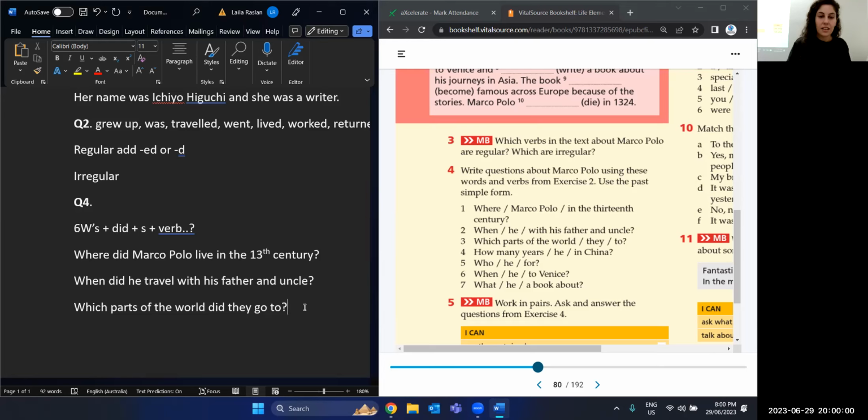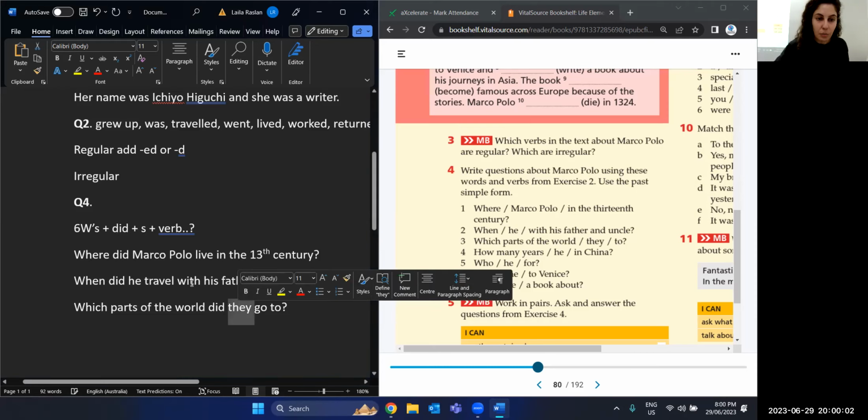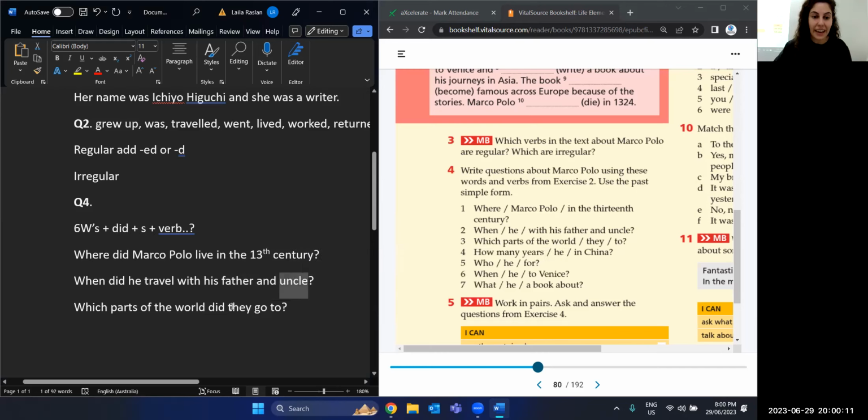Yep. So now we're going to replace, because if they replaces more than one person, so they, that means Marco Polo, his father, and his uncle, they. So the same one, which parts of the world did, the subject is they, the main verb go to.